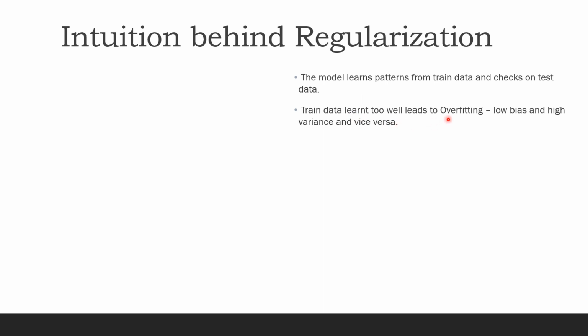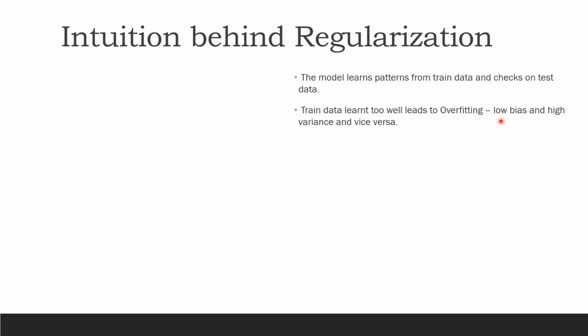Now there would be cases when the training data is learned too well by the machine, and that case is called overfitting. When overfitting happens, we see low bias, which means the sum of squares of residuals, or the difference between the actual and the predicted value, is very small or nearly zero.